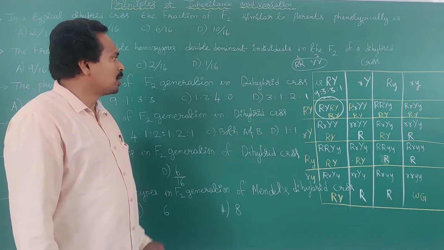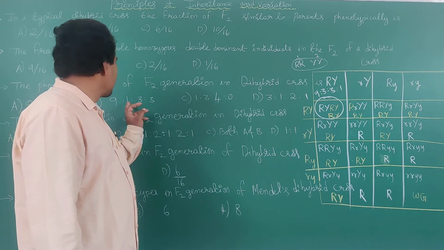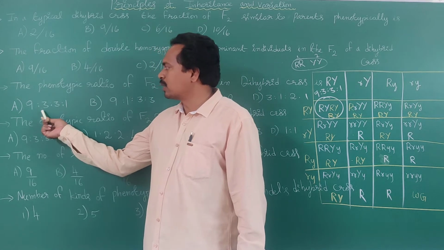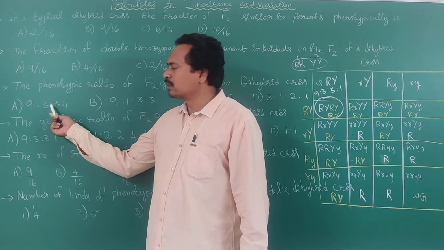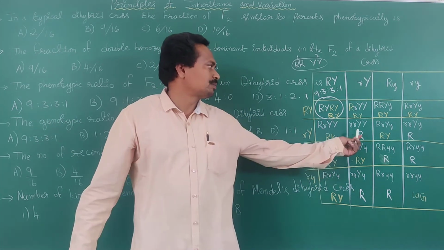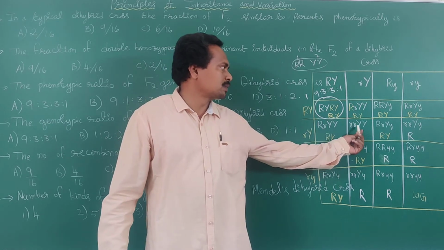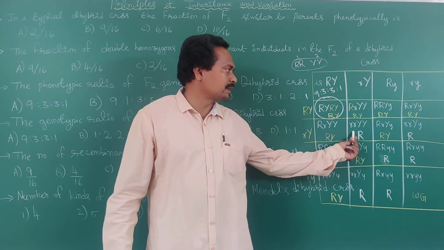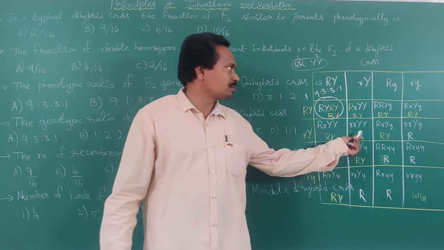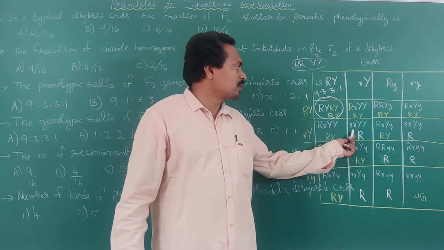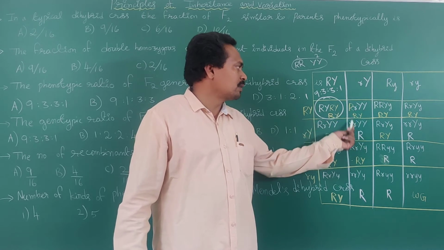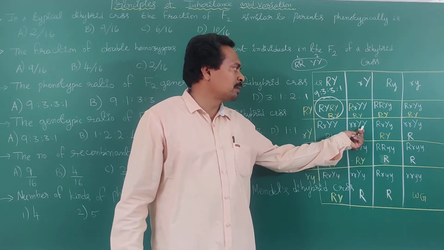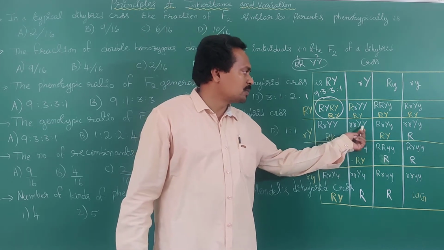9:3:3:1. Among these 16 progeny, 9 are round yellow, 3 are wrinkled yellow. Capital R means round, small r means wrinkled, capital Y means yellow.